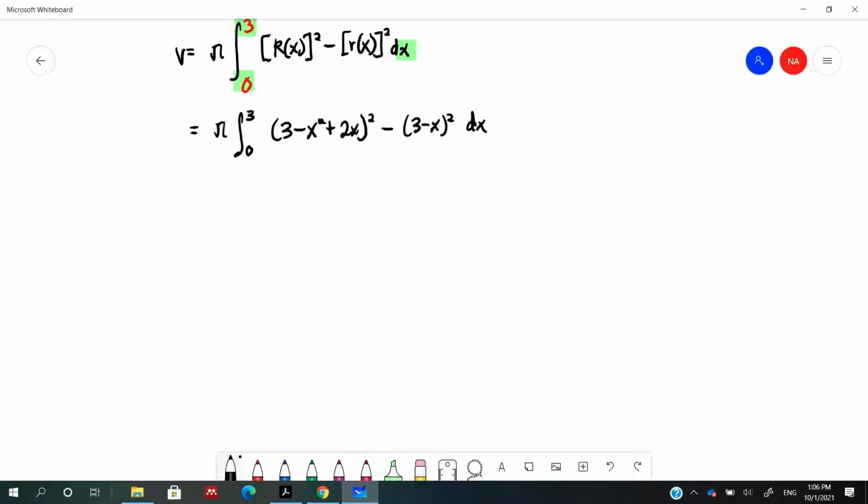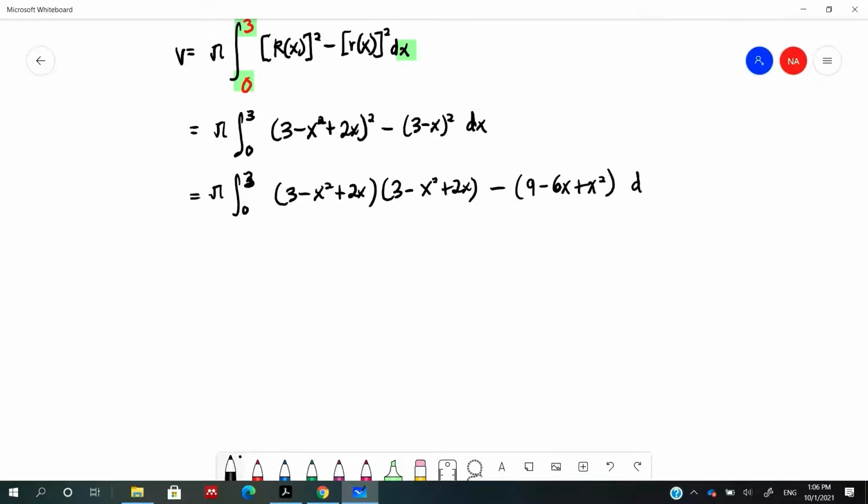Don't worry, try to expand this one. Minus, that one should be 9 minus 6x plus x squared dx. You should expand this, and then you get the final answer after you have integrated.